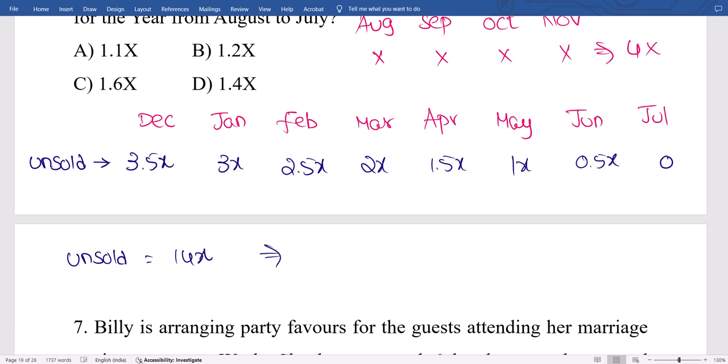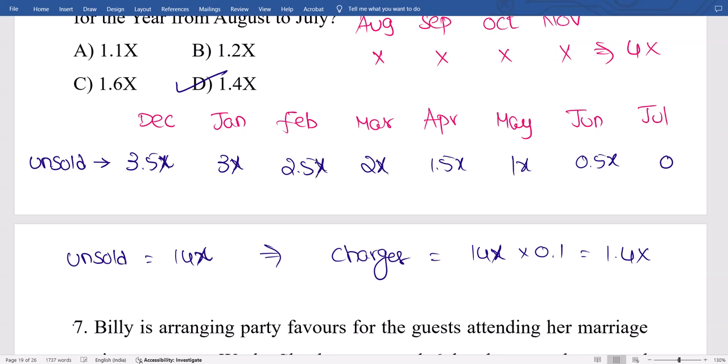And we know the charge is 0.1. So 14x into 0.1 is nothing but 1.4x. So option D, 1.4x. Right? So you just observe, have a focus on what they have given in the question.